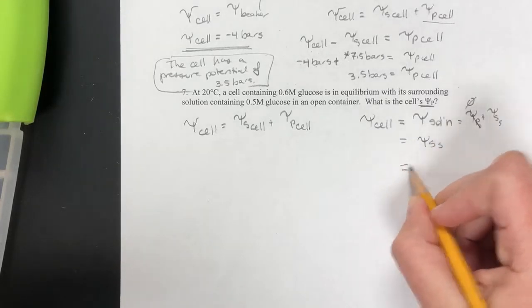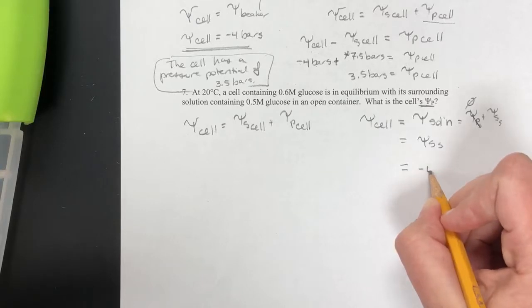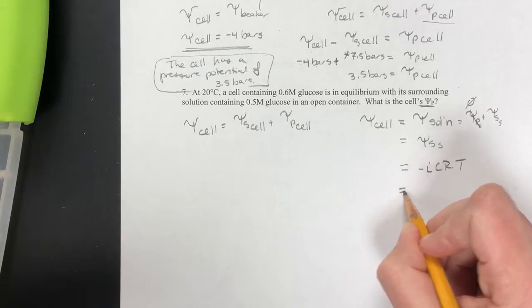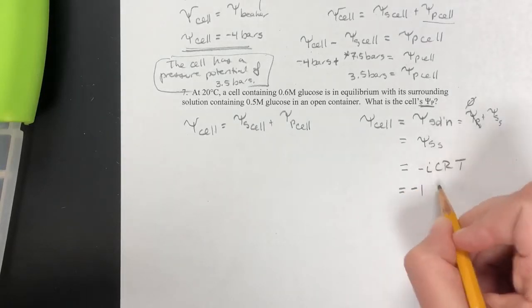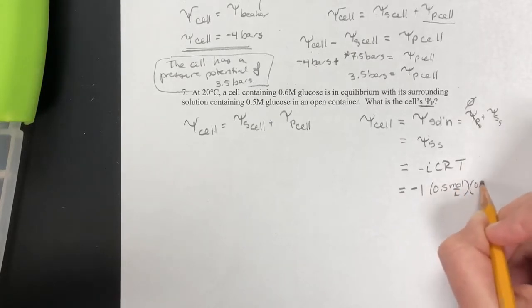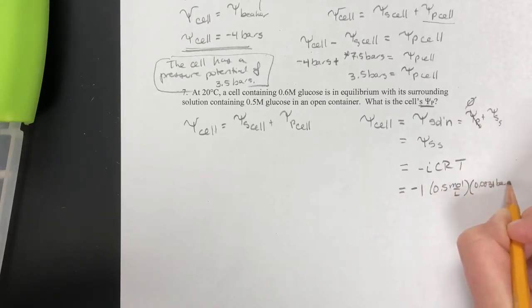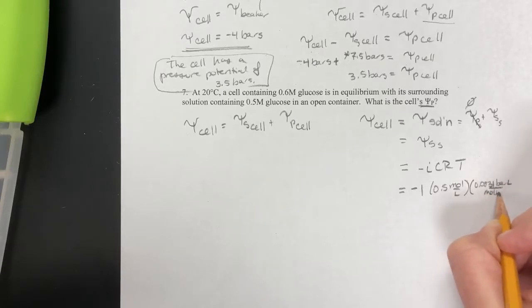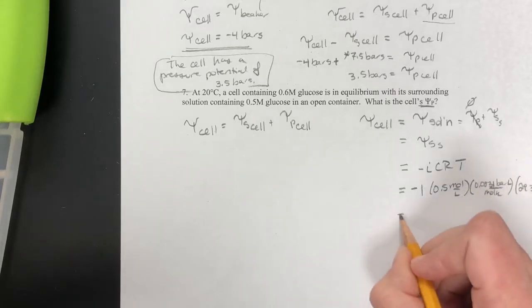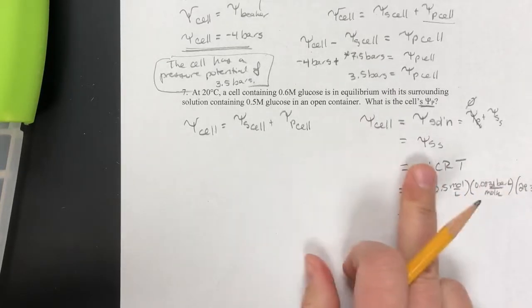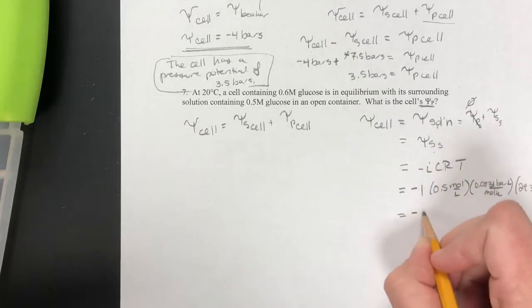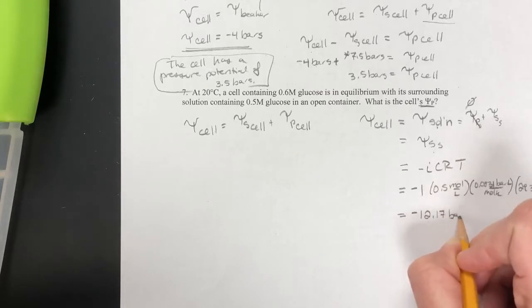For this one, you do have to calculate negative iCRT for the solution. Since this is glucose, that's negative 1 times 0.5 moles per liter times 0.0831 bars liter per mole Kelvin, and then 293 K. So the solute potential of the solution, which is the same as the water potential of the solution, is negative 12.17 bars.